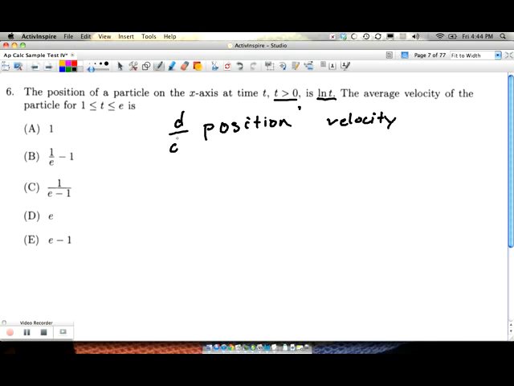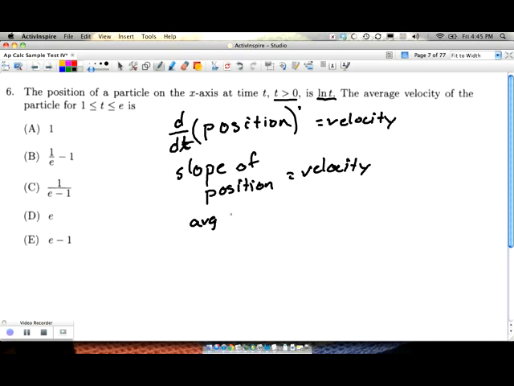The derivative of position, or d/dt in this case, is equal to velocity. So the slope of position is equal to velocity. So the average slope of position is equal to the average velocity.